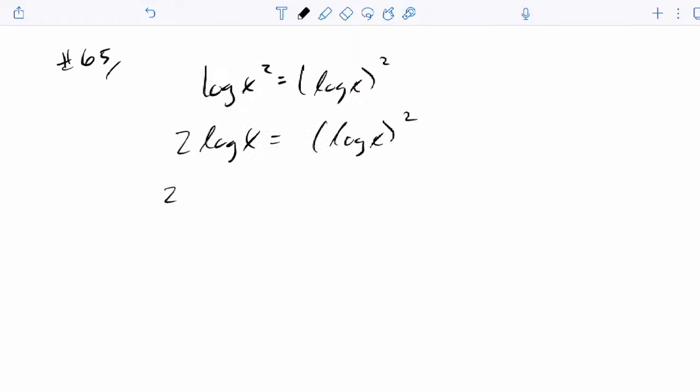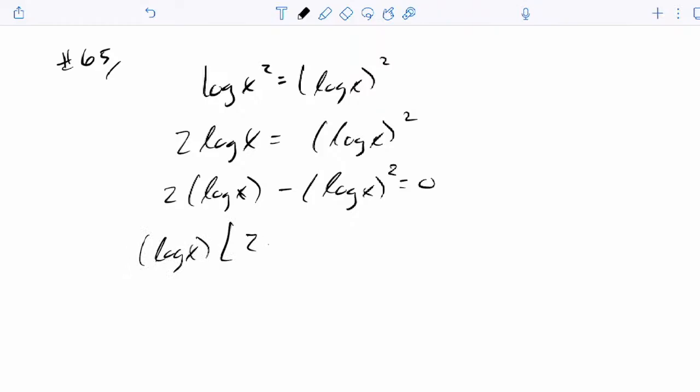So then you just bring everything to one side, and factor out the log of x. I'm left with 2 minus log of x is 0.